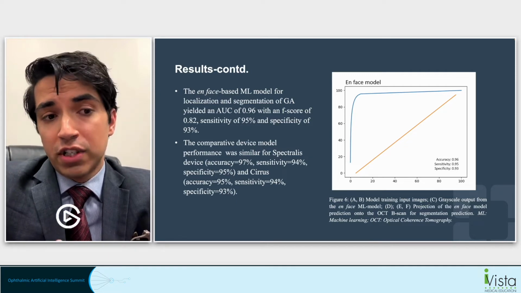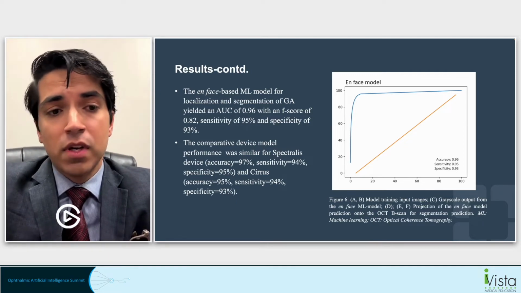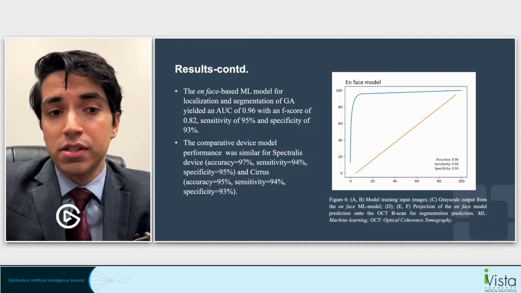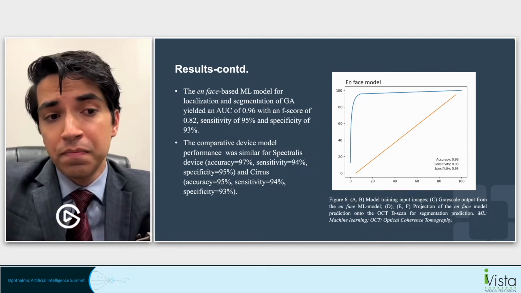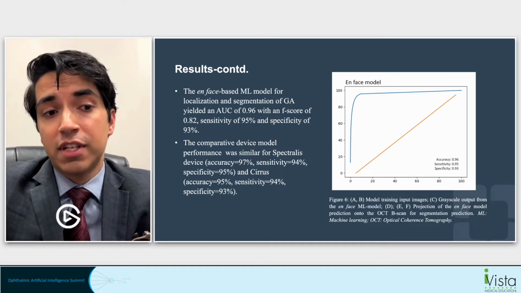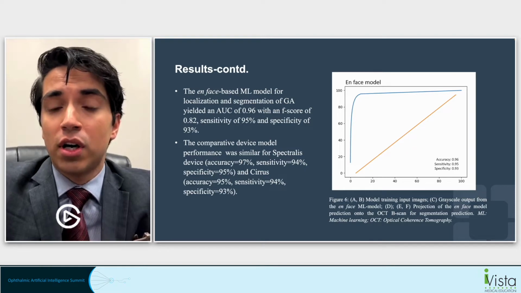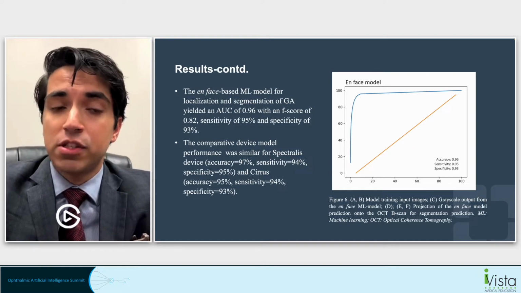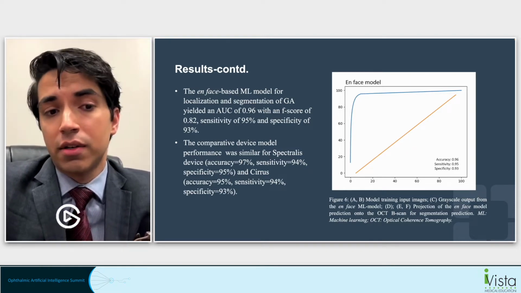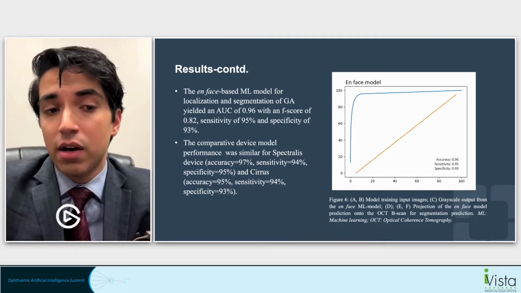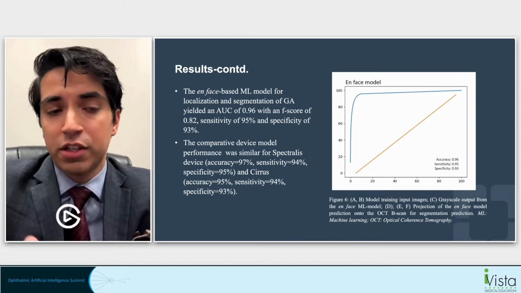Moving on to the results from the en face based model. This model yielded a higher accuracy of 0.96 with an F-score of 0.82, a sensitivity of 95%, and specificity of 93%. Bear in mind that these metrics are from pixel-wise measurements of GA area. This is not just the presence or absence of GA, but precisely measuring where in the volume GA is.